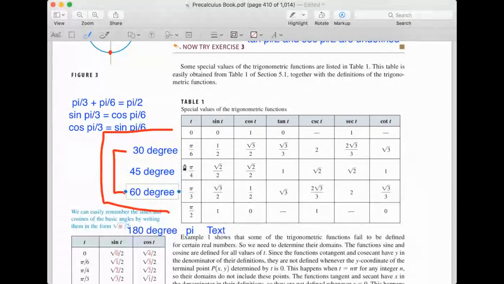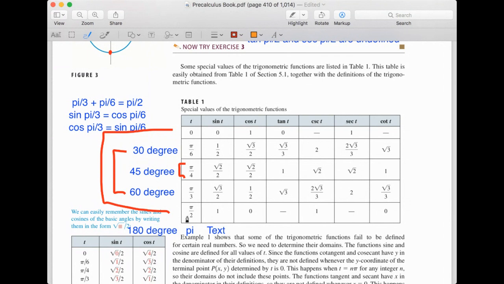Pi over 4 is complementary with itself, because pi over 4 plus pi over 4 equals pi over 2. So that's why we see sine of pi over 4 equals cosine pi over 4, because pi over 4 is complementary to itself. That's why sine and cosine equal each other.